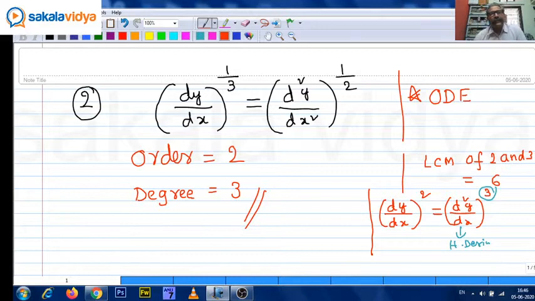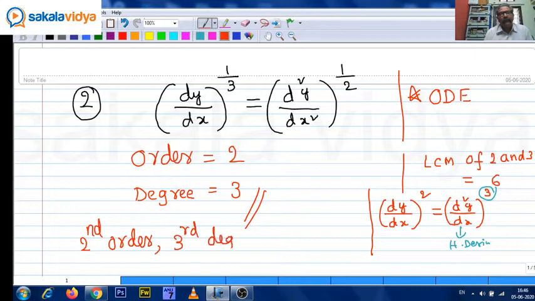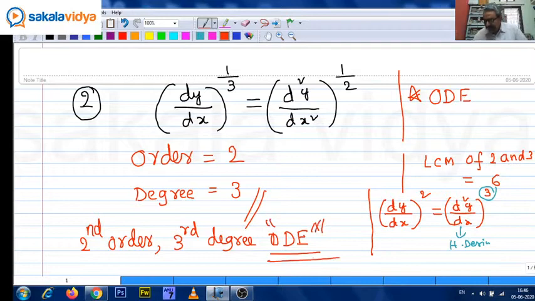It can be named as second order, third degree ordinary differential equation, ODE. We can name it like this.